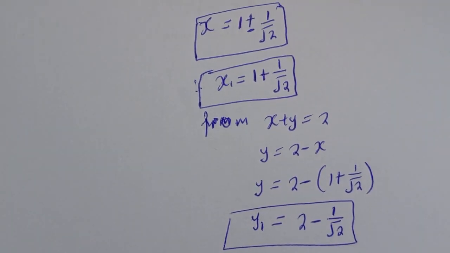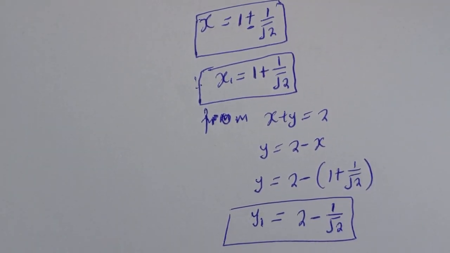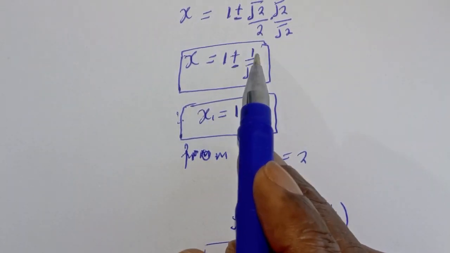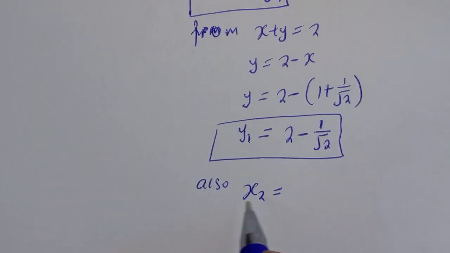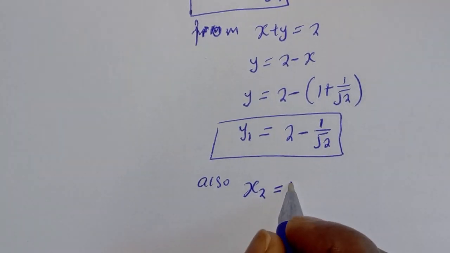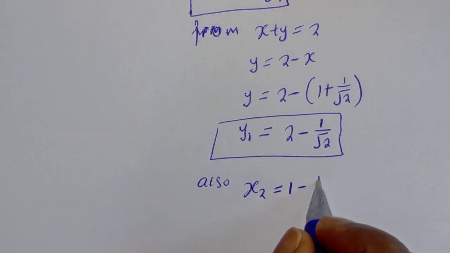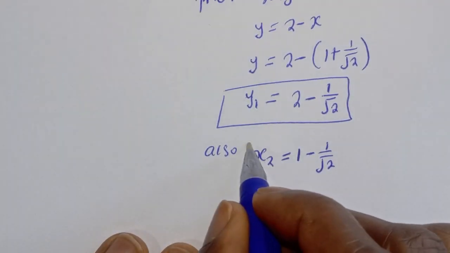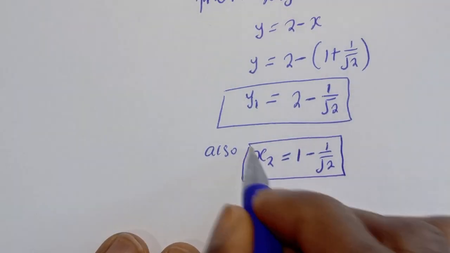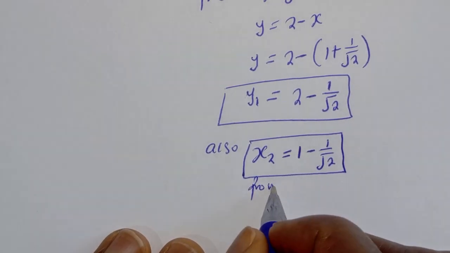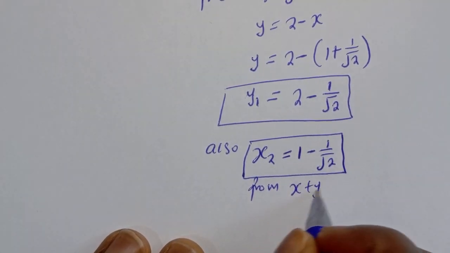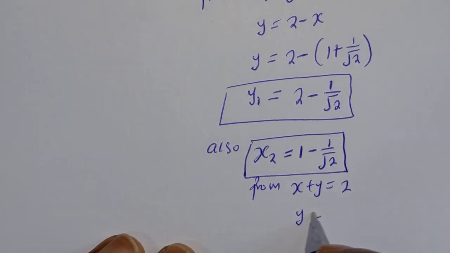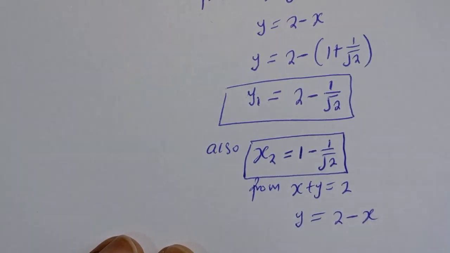Then we've got the value of y1. Let's solve for x2 and y2. From here, x2 will be 1 minus 1 over root 2. Then from x plus y equal to 2, y is equal to 2 minus x.